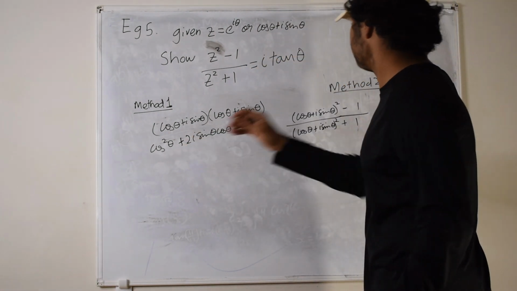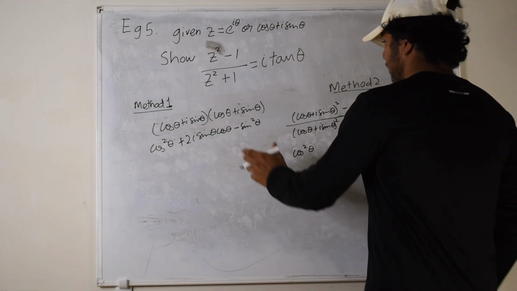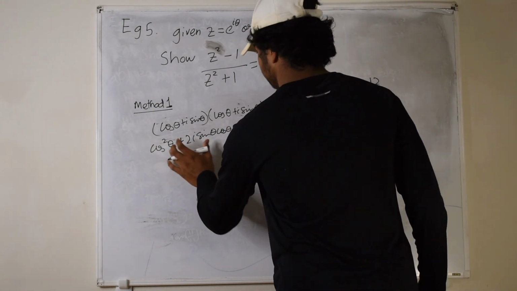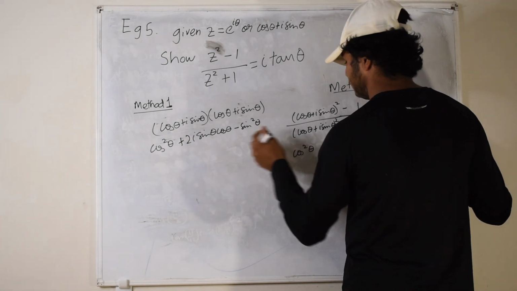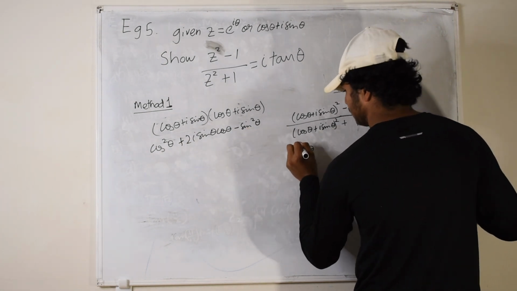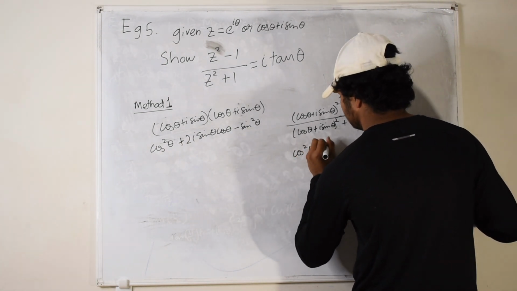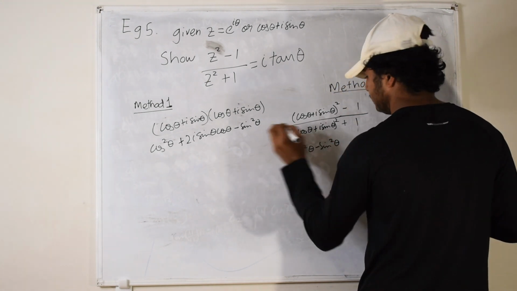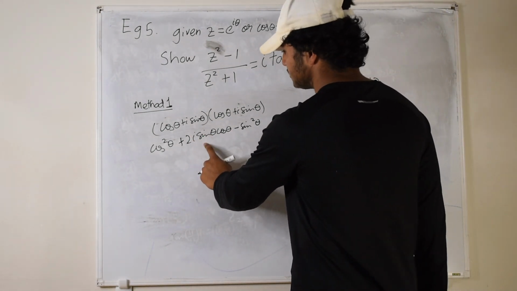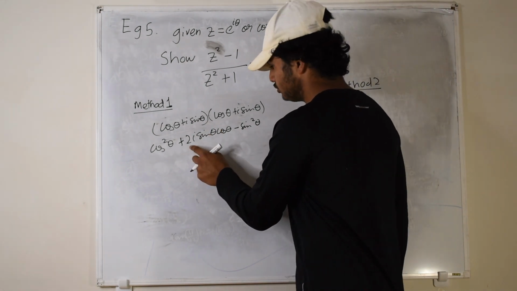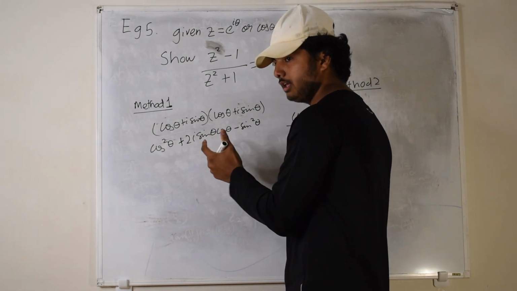So now we've developed that. We know this equals that, so let's put that there, and we'll separate the real and imaginary terms. We get cos squared theta minus sin squared theta, plus, if you recognize this from Extension 1 maths, where you've got your trig identities, 2 sin theta cos theta is sin 2 theta.